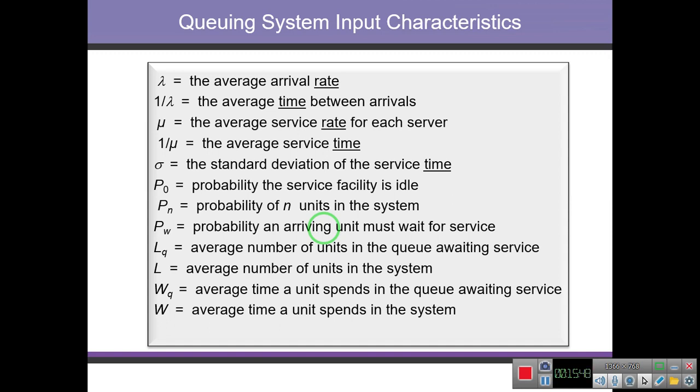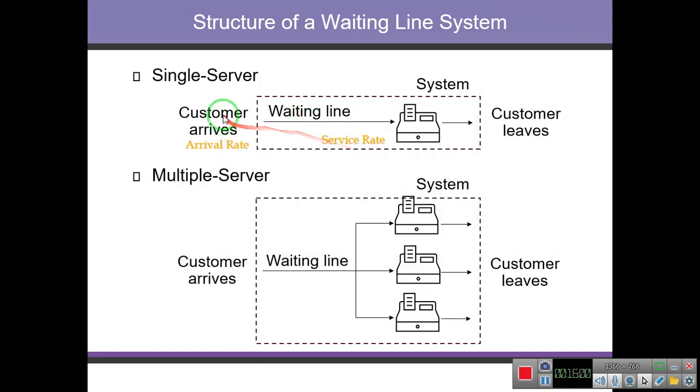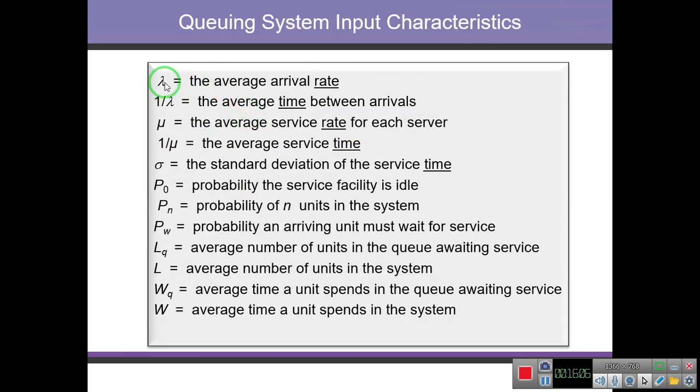You'll see. But we're going to have lots of variables. First we're going to have lambda, the average arrival rate. Remember, arrival rate is how people are arriving into this system. We're going to have 1 over lambda, which is the average time between arrivals.